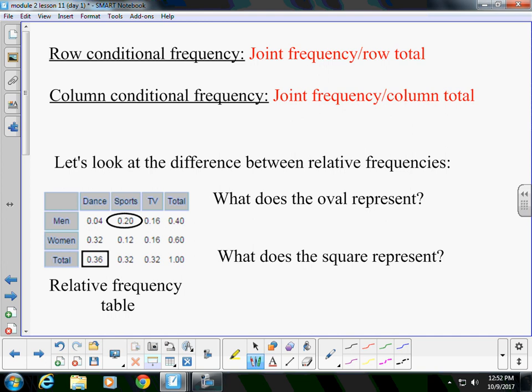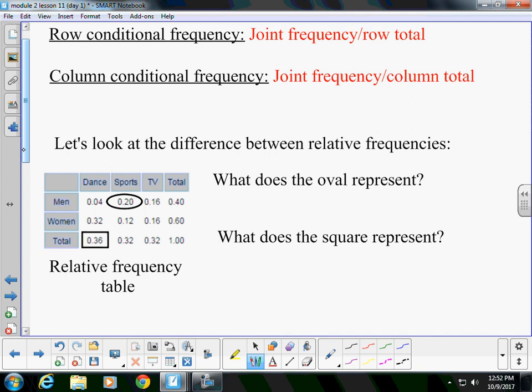And then lastly, we're just going to look at 3 different types of tables and tell what the numbers mean. If it's a relative frequency table, in this case, everything was divided by the total. All numbers divided by total. So in this case, this would be men who like sports divided by the total. That would be 20% of the men liked sports is what that number would represent.